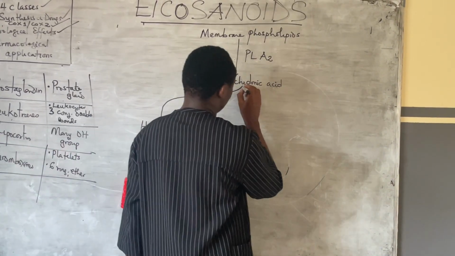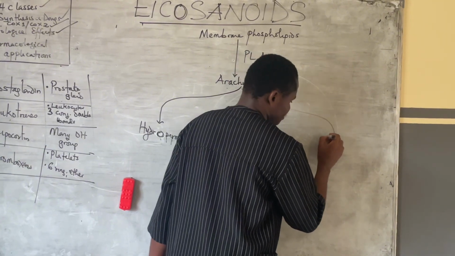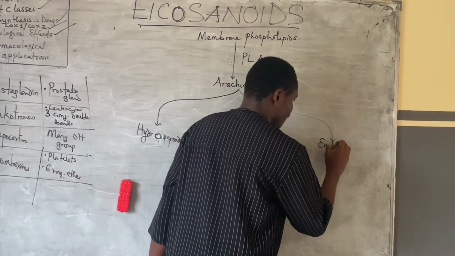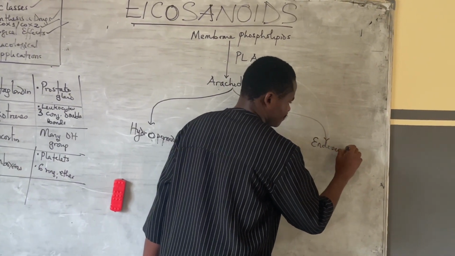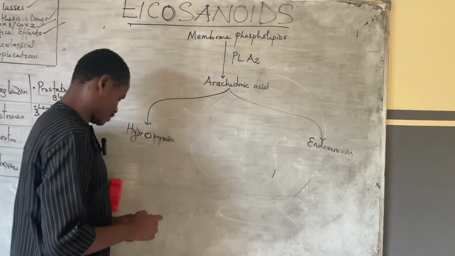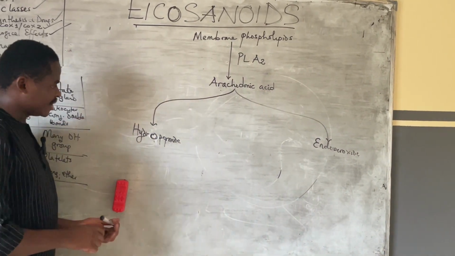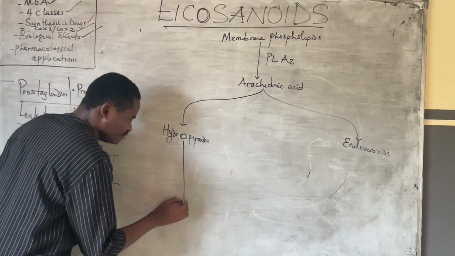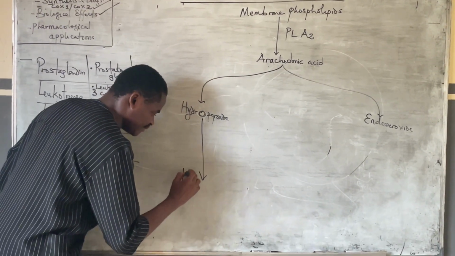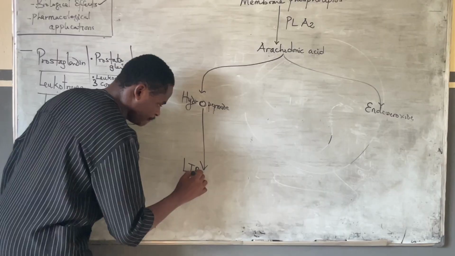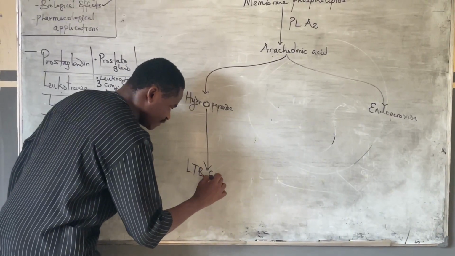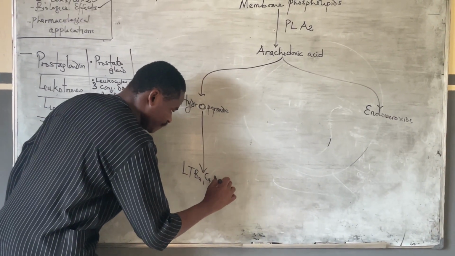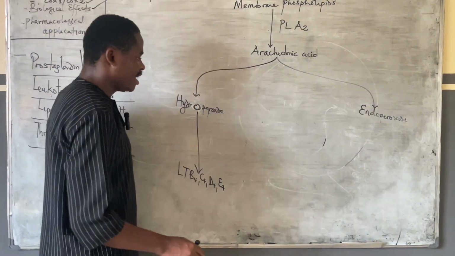While on this side, we will form an intermediate structure first called the endoperoxide. Now, what happens next? The hydroperoxides can then go through the routes of forming the precursor substances like LTB4, LTC4, LTD4, LTE4.